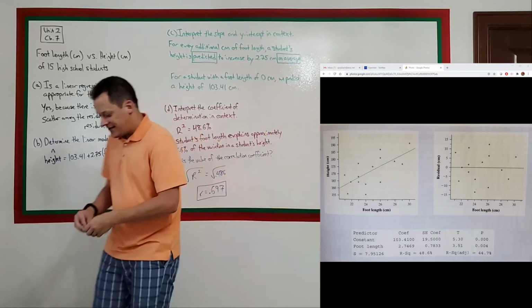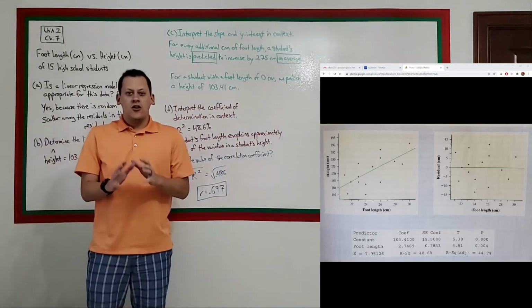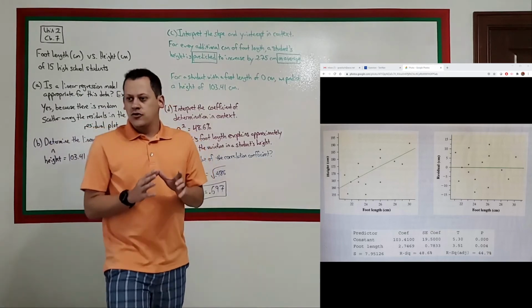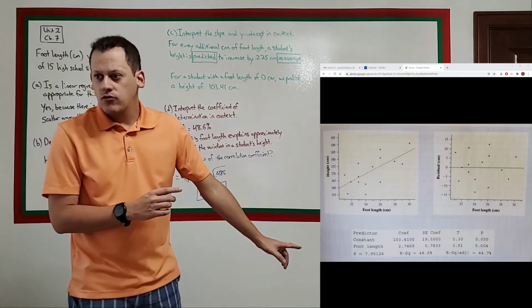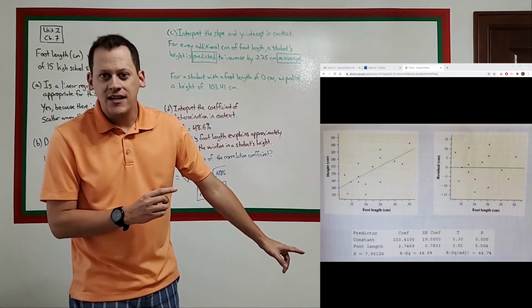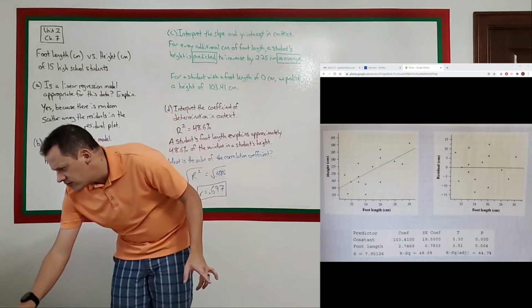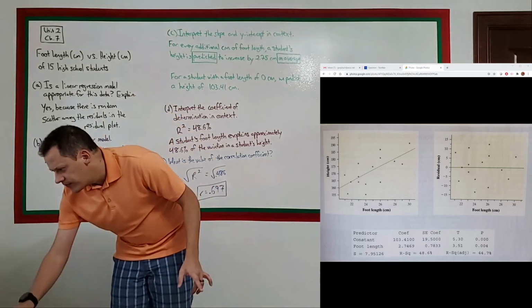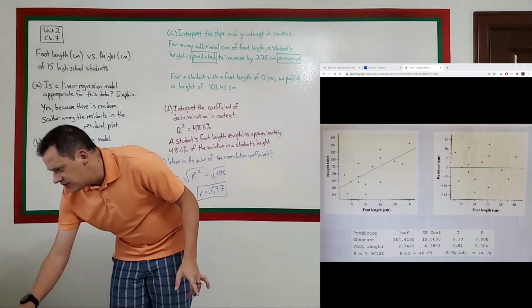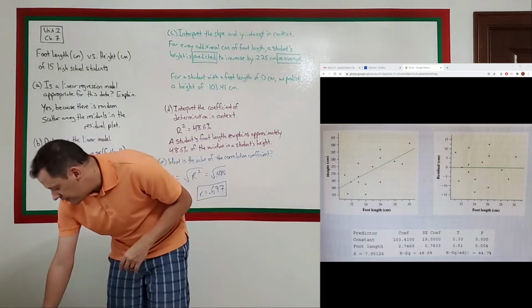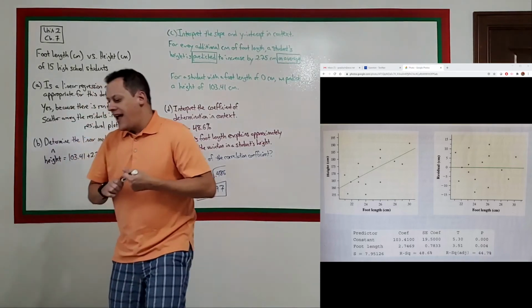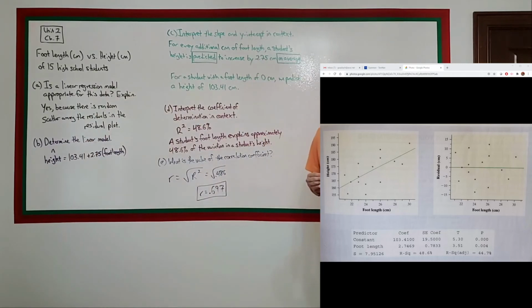All right. So there is also one other value of interest in this table down here, and it's right there. It says S equals 7.95. S is the standard deviation of the residuals.